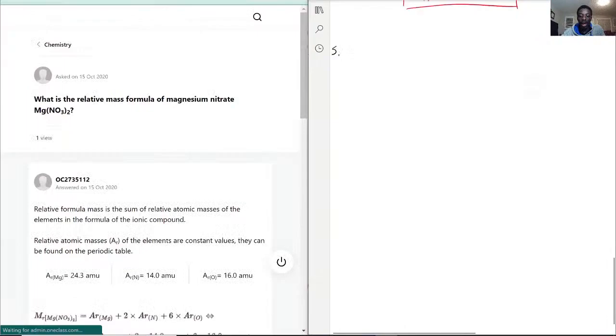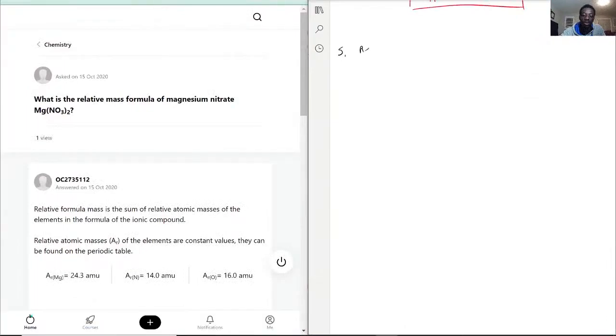For this question, we have, what is a relative mass formula for magnesium nitrate? Okay, so right away, relative mass, think of it as solving for your molecular mass.